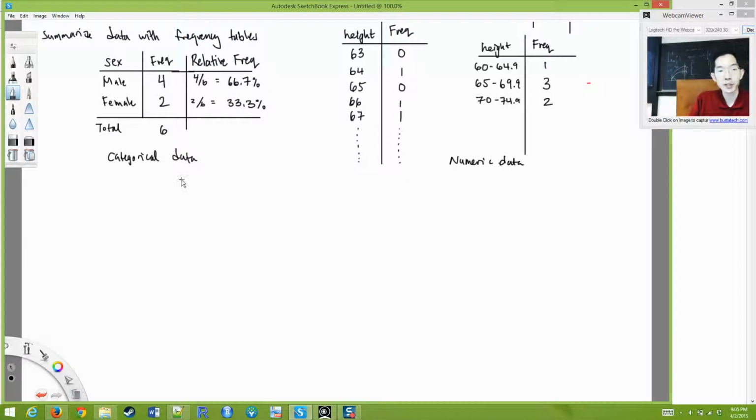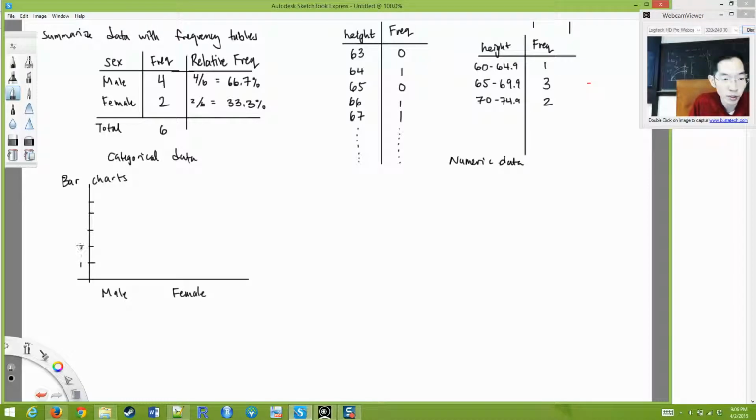Okay, so with the categorical data, we can create bar charts. And so with the bar charts, I would put the category across the bottom, and on the side I have an axis representing how many people. So I would mark this off.